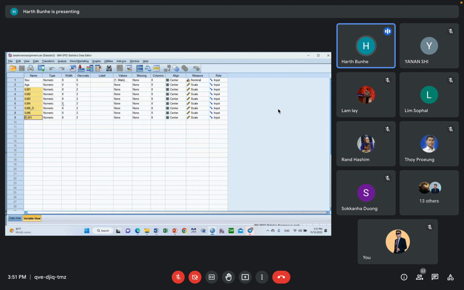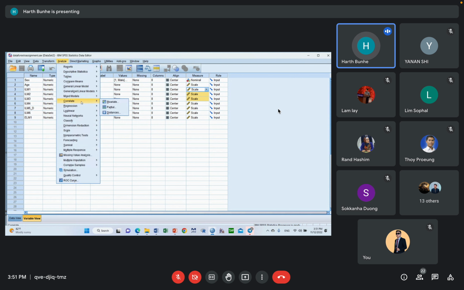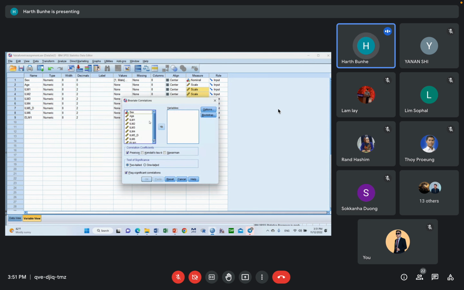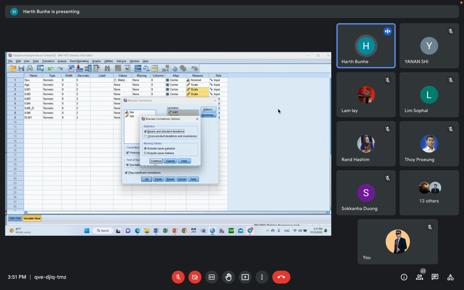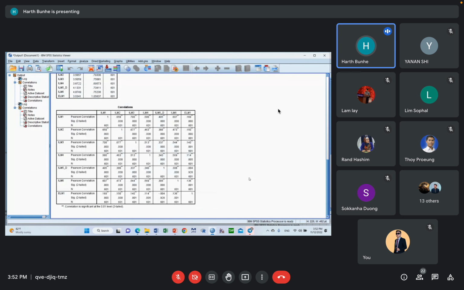Every variable is measured in scale already, so it meets our criteria to do correlation. Then we just go to analyze, correlate, bivariate, and we bring all the variables that we want to see the correlation for and put them here, and we see the descriptive statistics too. And we go to OK, and it's the output.